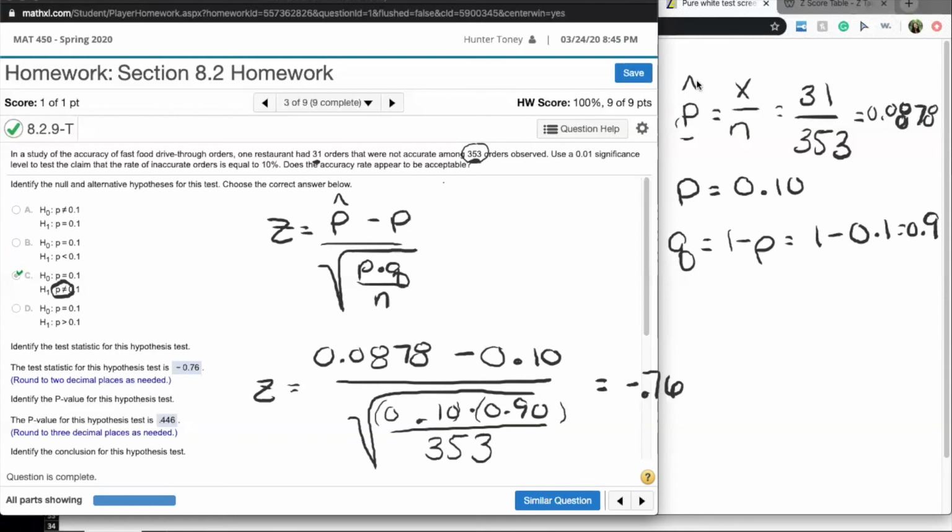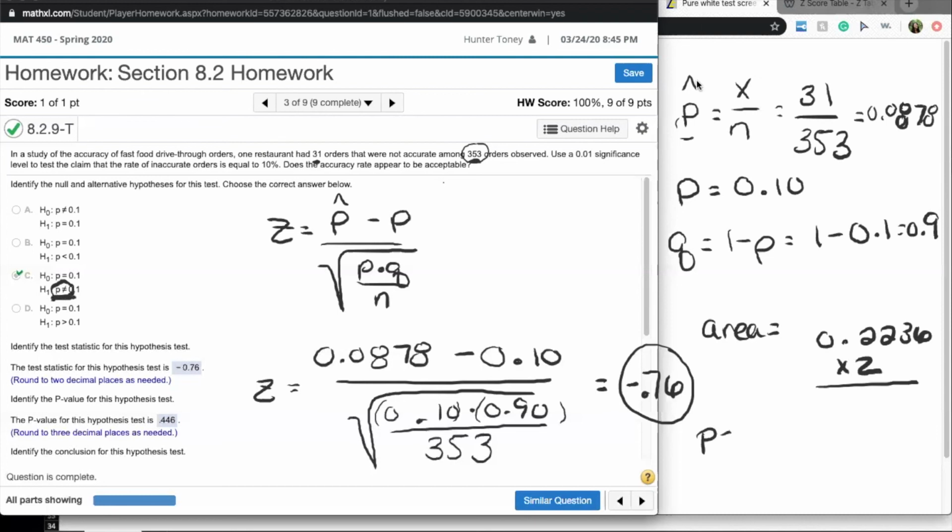If we look up 0.76 on the negative side of the z-score table, it would give us an area equal to 0.2236. But again, we're going to have to take that number times 2 because we're looking at both tails, not just one, because we're doing a not equals.